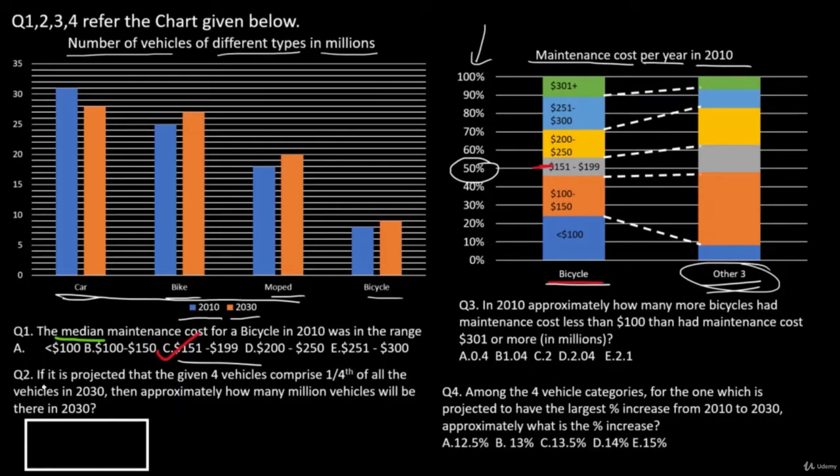Now if it is projected that the given 4 vehicles comprise 1/4 of all the vehicles in 2030, then approximately how many million vehicles will be there in 2030? Now over here the number of vehicles is given in this simple bar graph. So let's check in 2030 what the vehicles of the 4 categories are. Over here we have something that is about 25, this is 25 and this is 30.